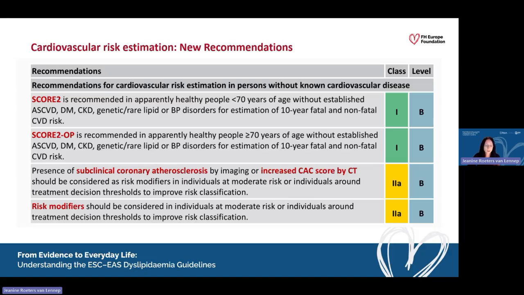But also, if there is, for example, atherosclerosis seen on imaging, or people have high calcium on their CT, then it should be considered that those people have a higher risk than you would normally estimate. And there are also some risk modifiers which are not in those risk calculators, and that you can also consider in individuals to, for example, up-titrate, to increase their risk.